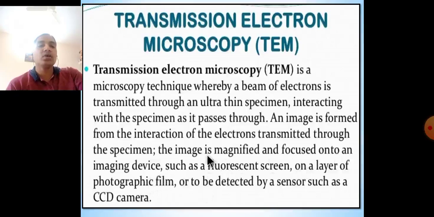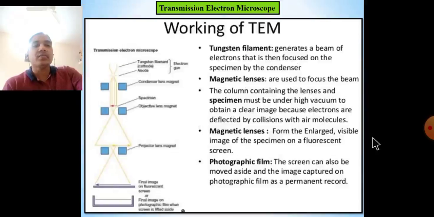In SEM a camera is used, but in TEM a fluorescent screen is used for imaging the sample, on a layer of photographic film, or to be detected by sensors such as a CCD camera.